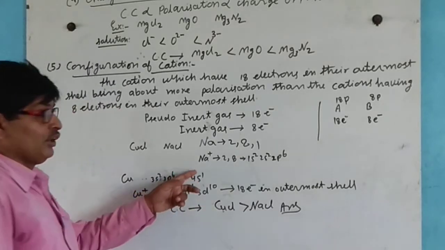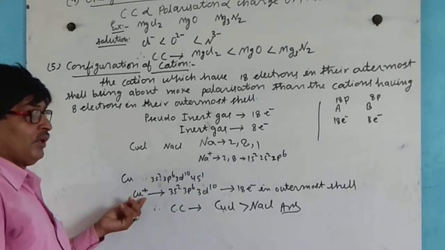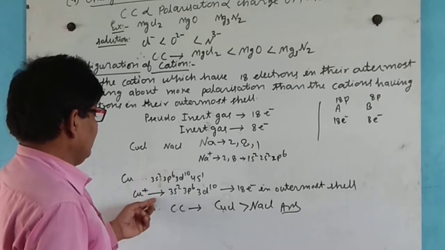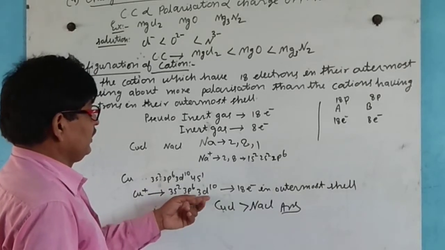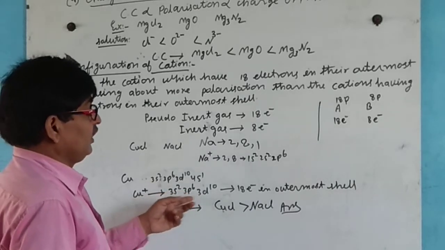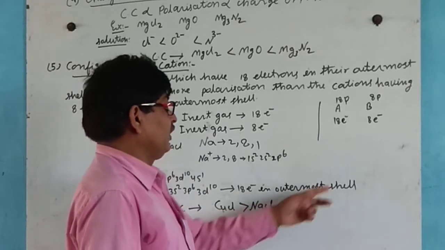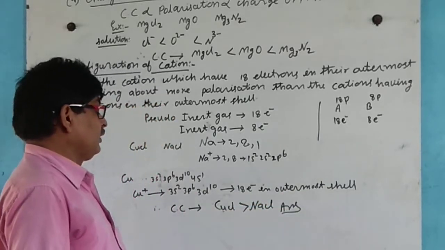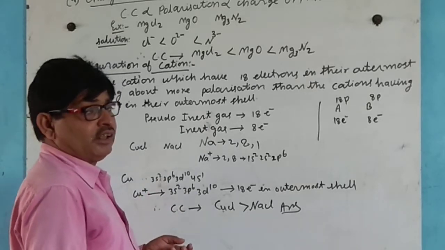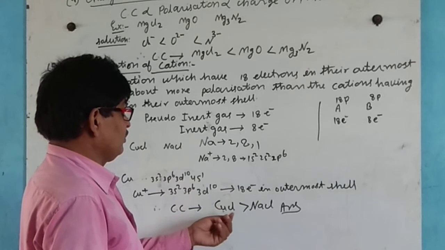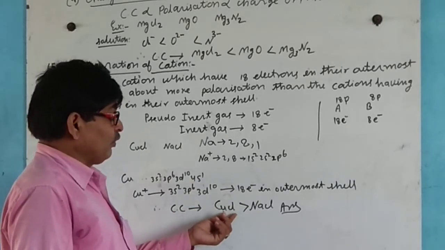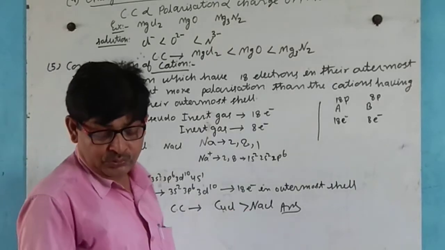If one electron is removed, it forms the copper cation, with 3s2, 3p6, 3d10. The outermost shell has 18 electrons, so the covalent character of copper chloride is greater than that of sodium chloride.